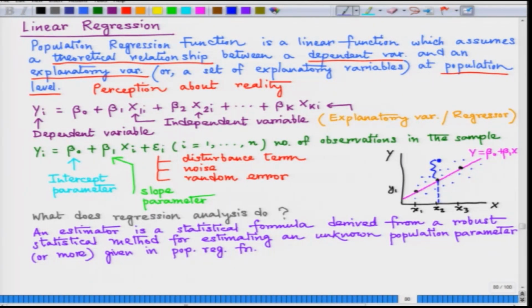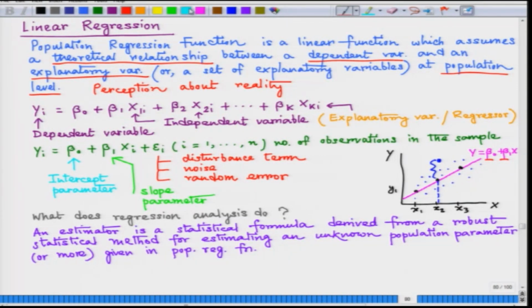Now, as we really do not know the values for beta naught and beta 1, we can take help of statistical methods to come up with some kind of sample regression function. We can devise some estimator which will be a fitted line amongst these data points in the scatter plot.